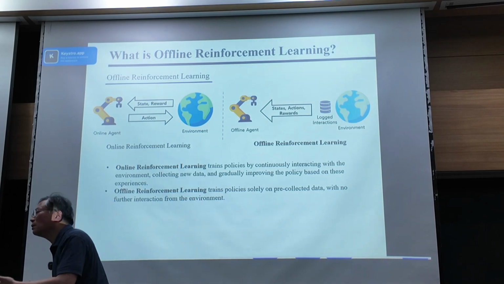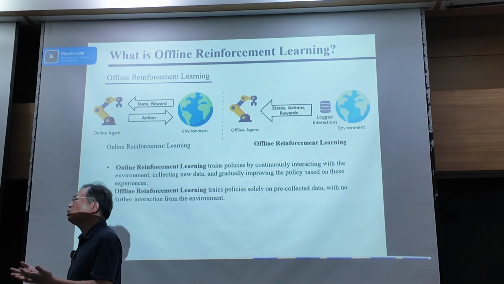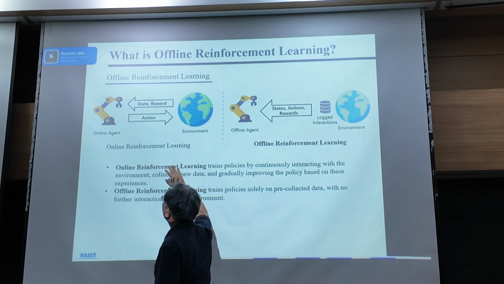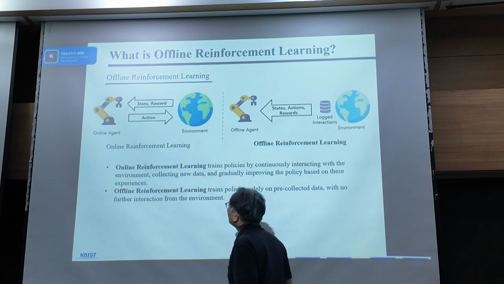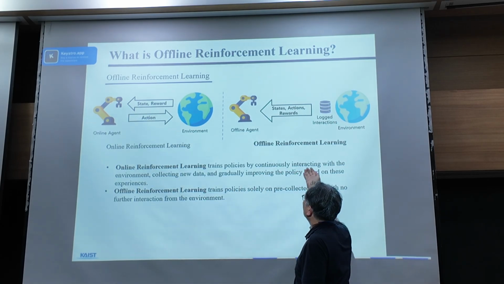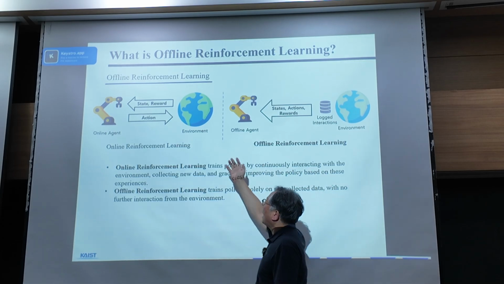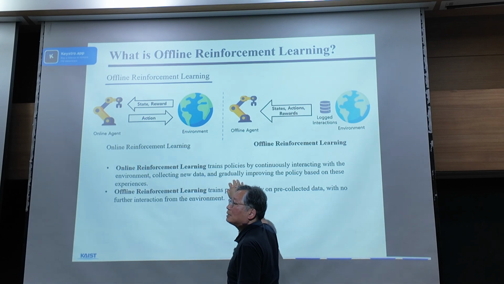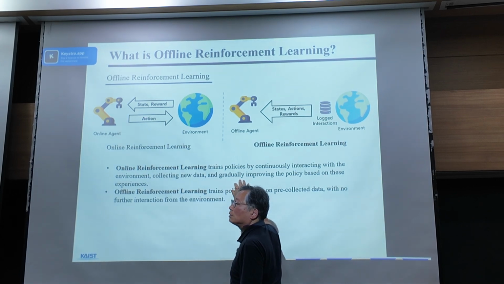The reward model is changing as it's moving in the real world. So online trains policies by continuously iterating. As it's moving, the policy changes as it's interacting with the real world.